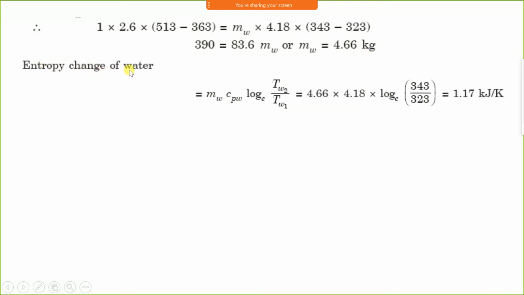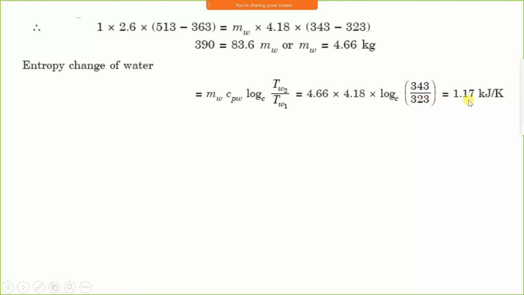Let us find the change in entropy of water first. m cp ln T2 by T1. While finding entropy, we always have to consider T2 by T1, final upon initial. It may be positive, it may be negative. m cp ln T2 by T1, mass of water 4.66, specific heat of water 4.18, ln TW2 is 343, TW1 323.